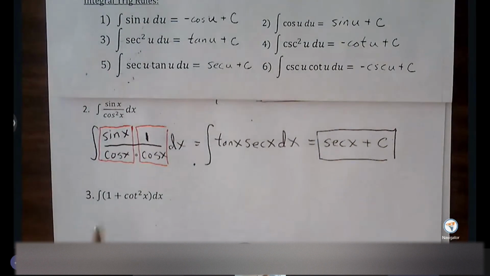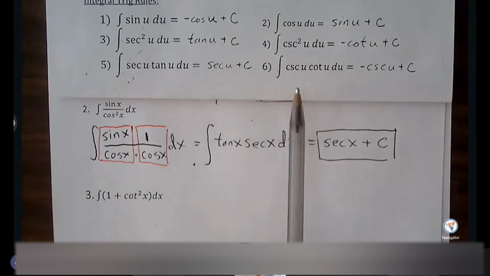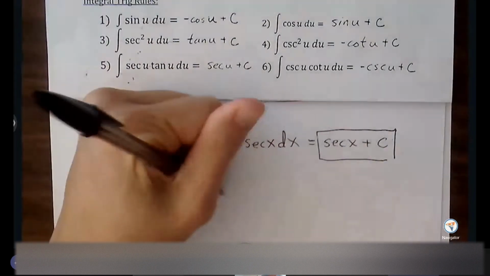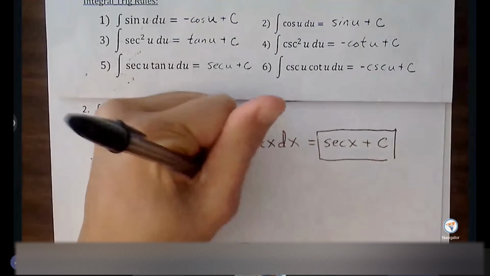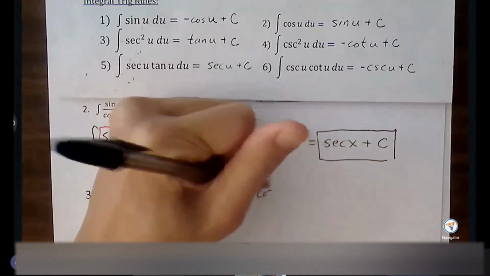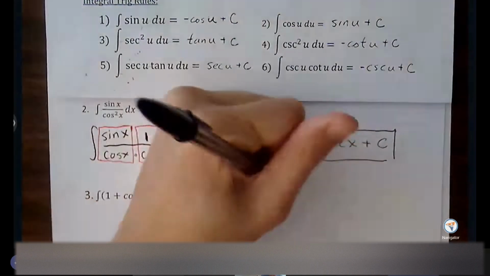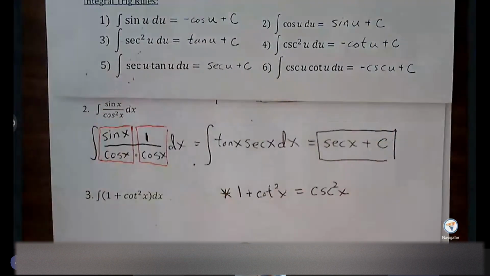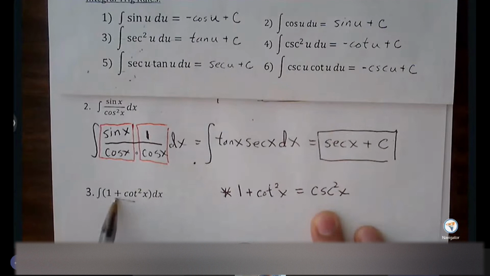All right, number 3, 1 plus cotangent squared x. If you look, we don't have a rule for cotangent squared, but we do have a trig identity that says 1 plus cotangent squared x is the same thing as cosecant squared x. And I can just make a clean substitution here.